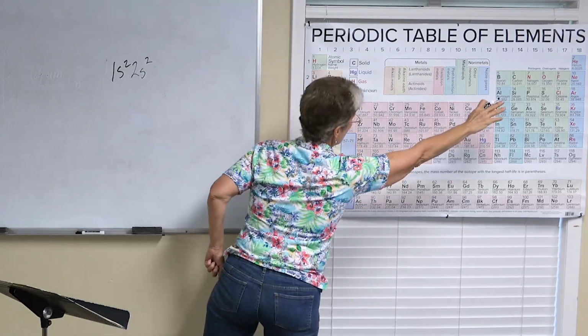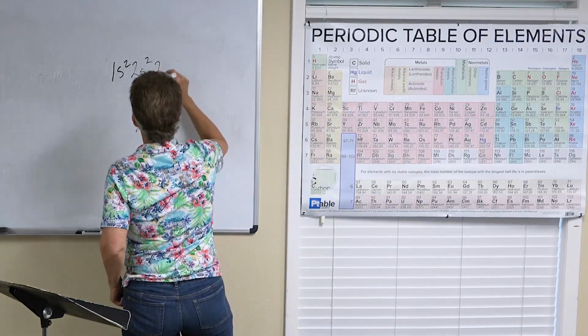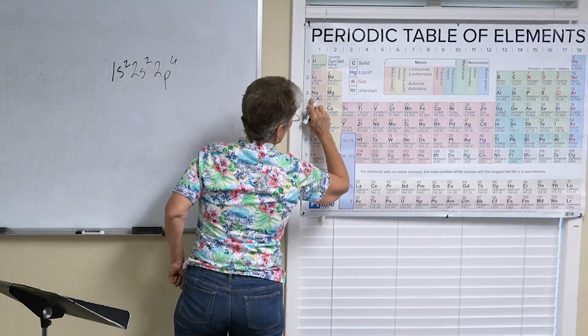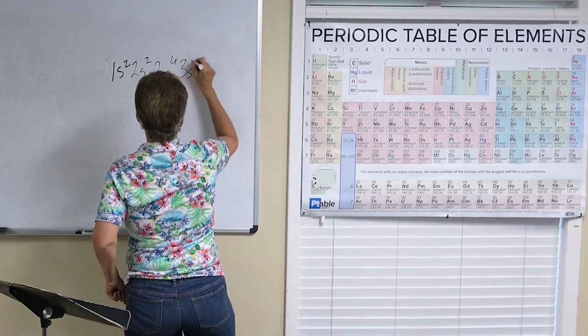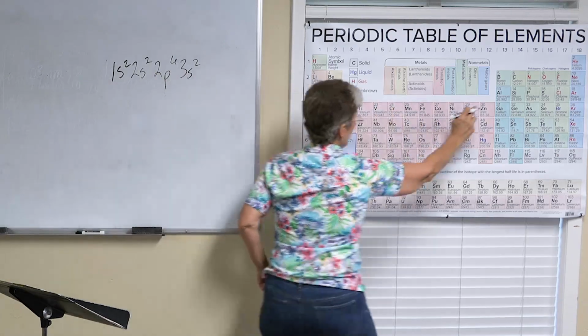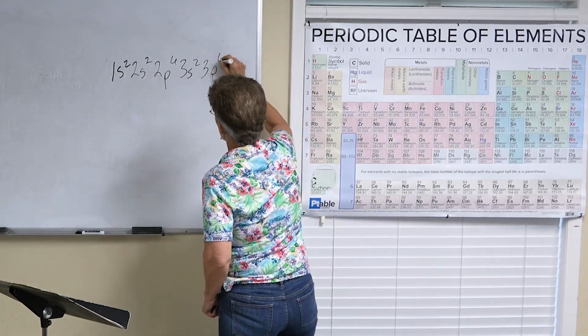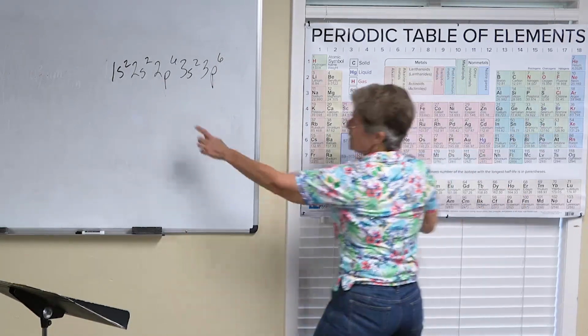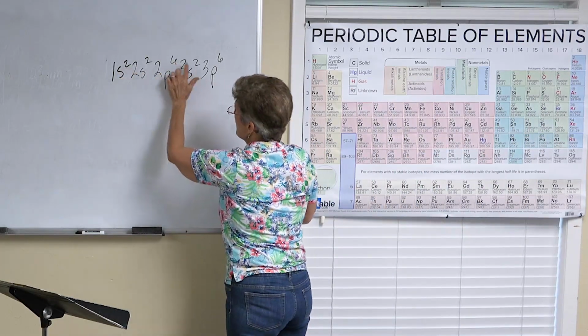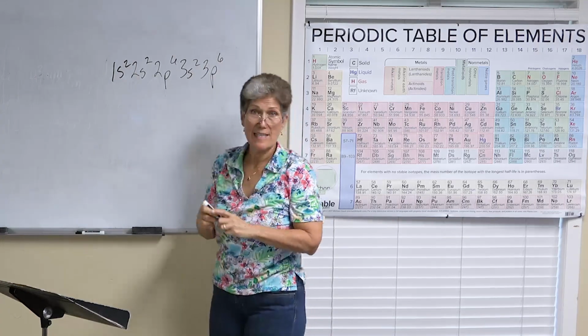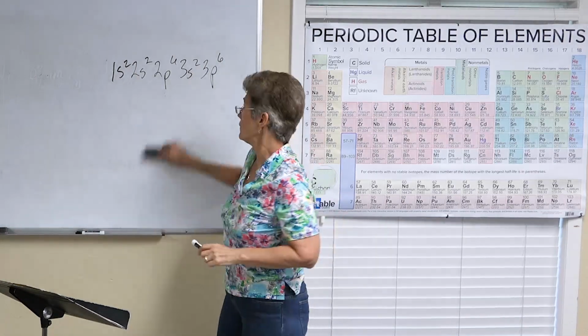We got to go all the way to the end there. So 2p6. And then we're down here. 3s2. Now we're over here. 3p6. Please notice that argon is 18. And if you add these up, you have 10 plus 8 is 18 electrons.